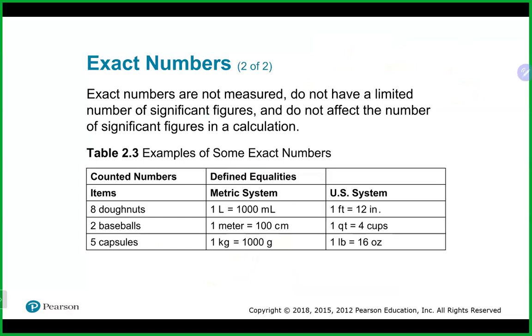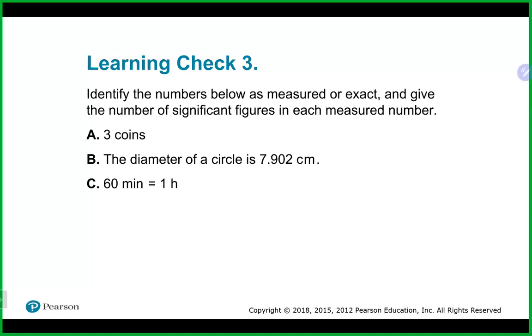So here again are some examples of that. All these are exact numbers. You have metric to metric conversions all through there. Each of those are exact, US or English to English. And again, things that are counted would be considered exact numbers. So for example, if we have 3 coins, that's going to be an exact number, right?